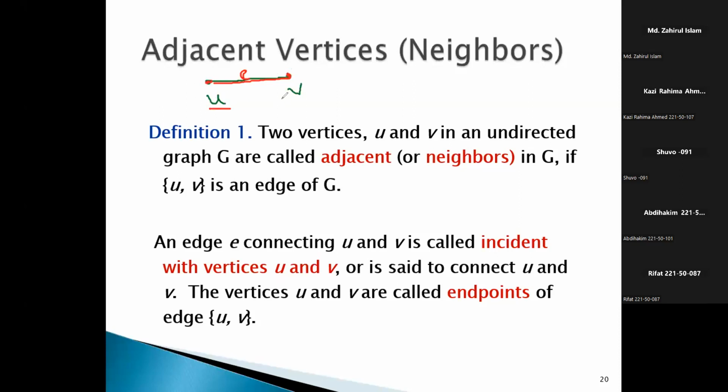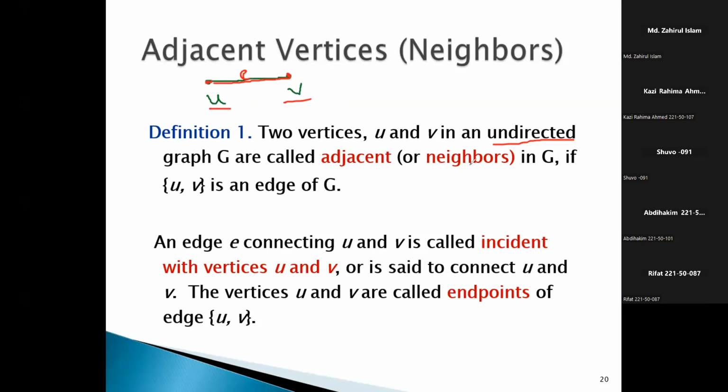So this u and v are called the endpoints, and the connection between these two is known as the incident. We are discussing the undirected graph. Keep it in your mind, as there is no arrow sign, we cannot say there is a starting or finishing point. We have only two endpoints u and v, and these two points are joined by an undirected edge.